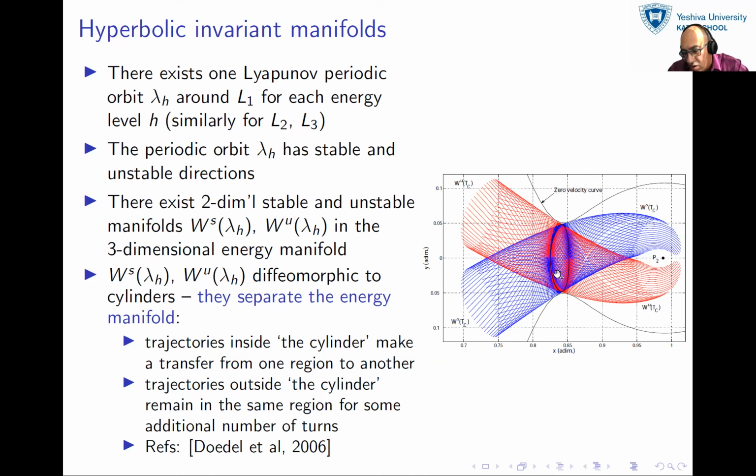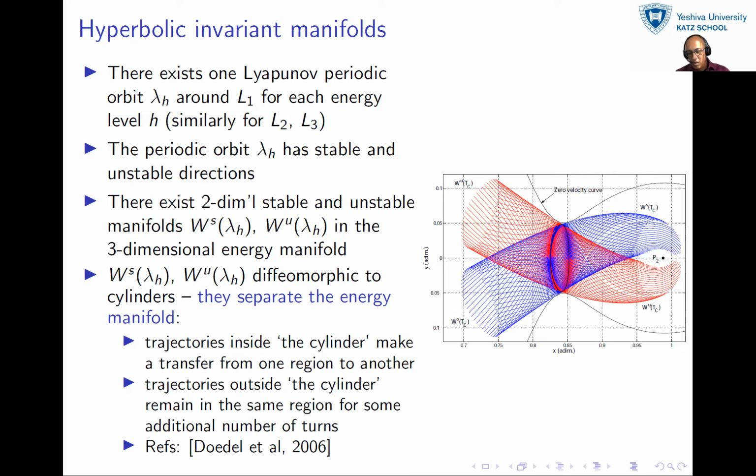You make a switch. You take the red one, you go towards the moon. Hopefully, if these manifolds intersect, you make another switch and you take the stable manifold, the blue one, towards the Lyapunov orbit. You make another switch and so on.